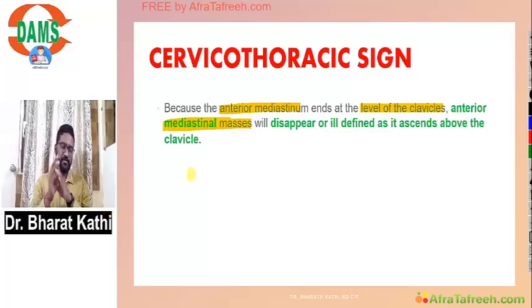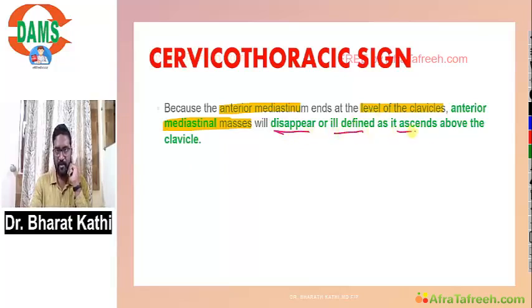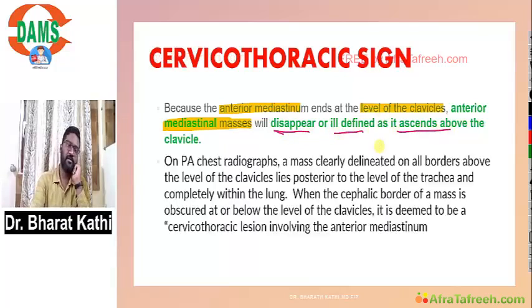What are the examples of anterior mediastinal masses? I have given you the 4 T's: thyroid, teratoma, terrible lymphoma and thymoma. It will disappear at the clavicles or be ill-defined as it ascends above the clavicle.